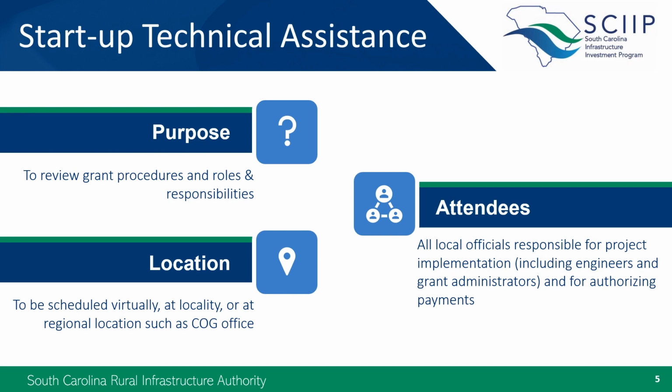Led by RIA staff, the meeting will review grant procedures as well as roles and responsibilities for the project. Attendees should include those responsible for project implementation, as well as the authorized representatives designated on the authorized signatures for payments and checks form. And if possible, project engineers and grant consultants should also attend.